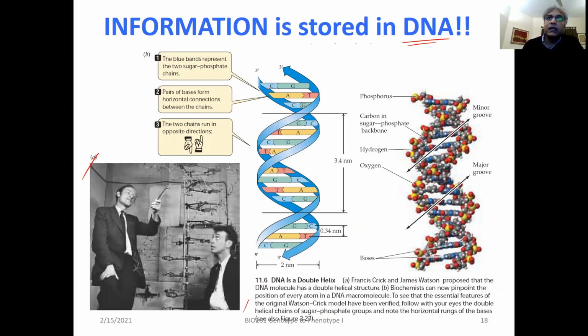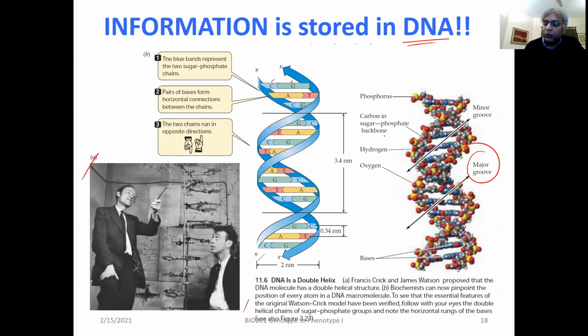They discovered this hydrogen pairing based on the X-ray crystallographic structure of the DNA molecule. And they said that guanine is pairing with cytosine, adenine with thymine, and DNA is a helical structure. There are major grooves, there are minor grooves.